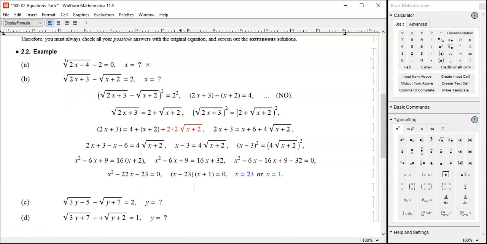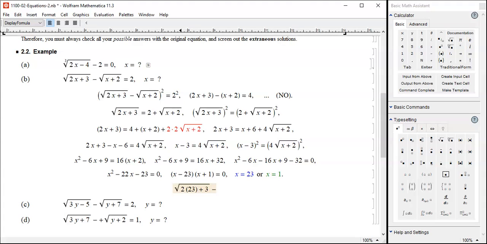So if you plug in x equals 23, what do you get? 2 times 23 plus 3 minus square root of 23 plus 2 equals 2. Is this true? Let's see, 2 times 23, that's 46. 46 plus 3, so that's 49.